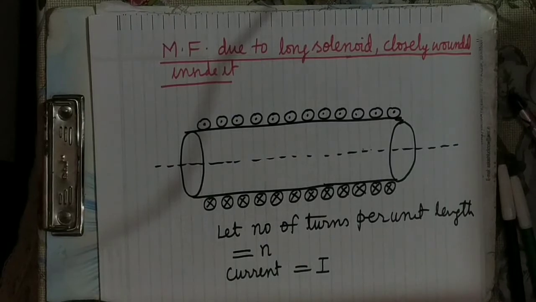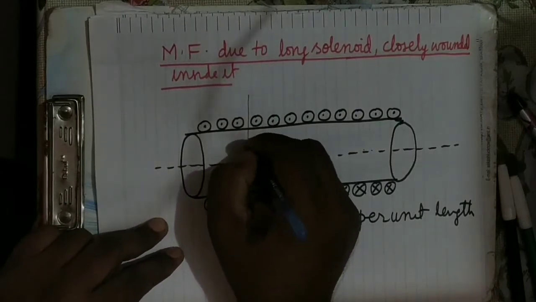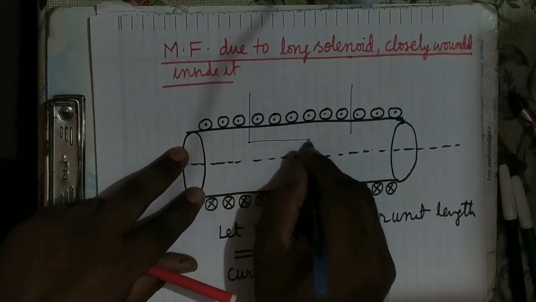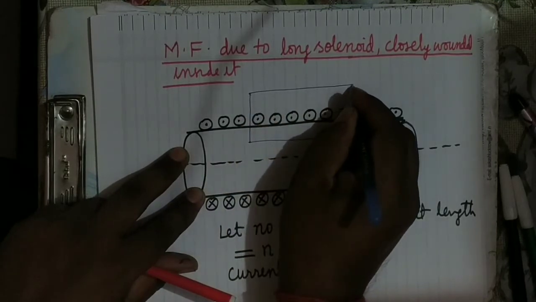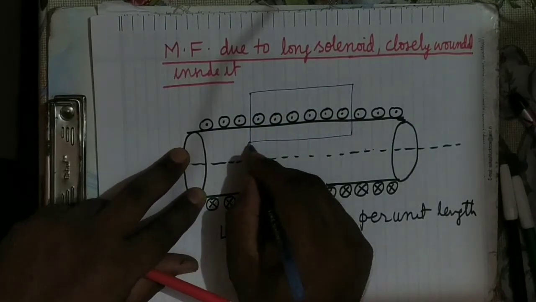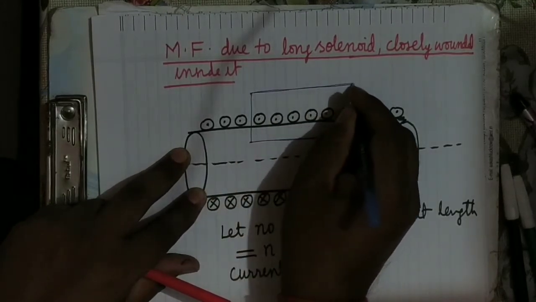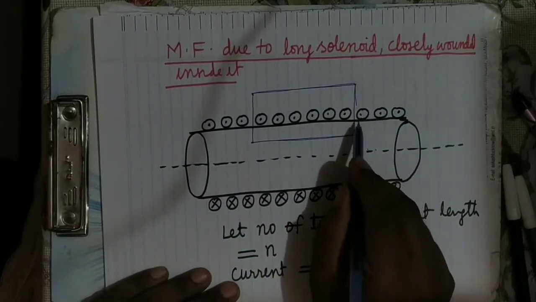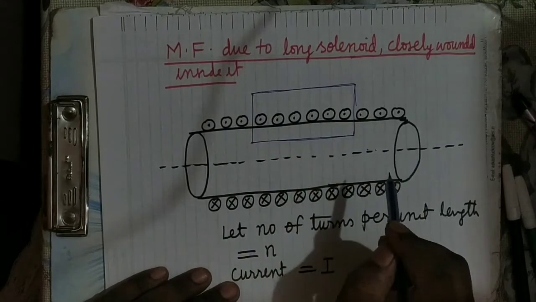So see here, in order to determine the magnetic field inside the solenoid, we have taken a rectangular Amperian loop, such that its length is parallel to the axis. This much part is inside the solenoid, and the rest is outside the solenoid.